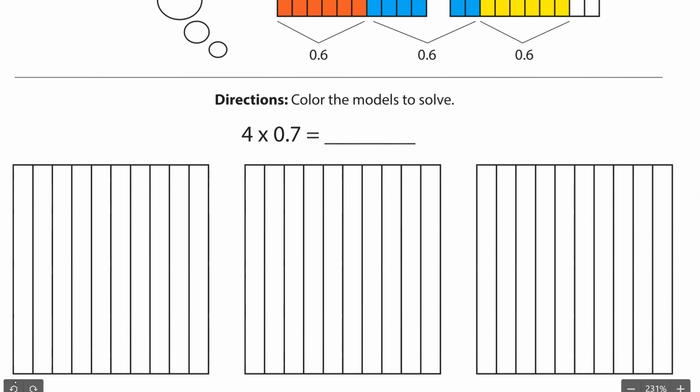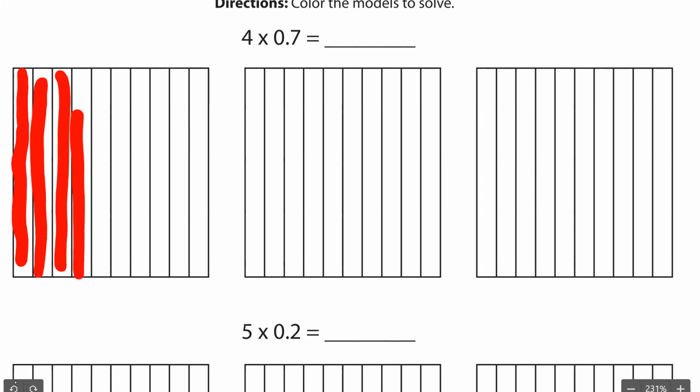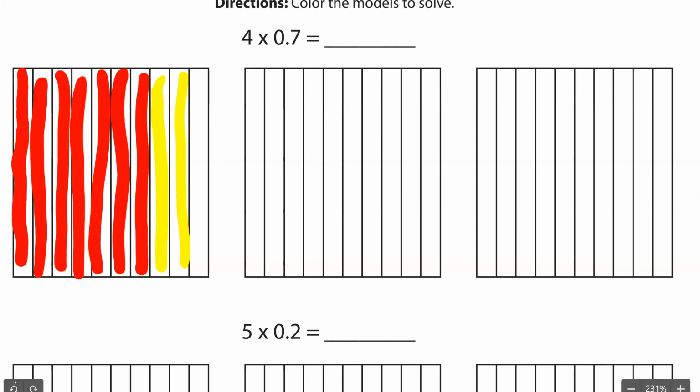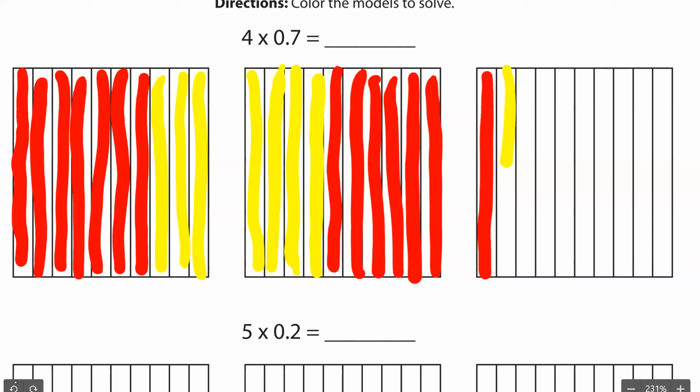Let's look at the next one. The next one says 4 groups of 7/10. And so 1, 2, 3, 4, 5, 6, 7. There's 1 group of 7/10. Then 2 groups of 7/10. 3 groups of 7/10.